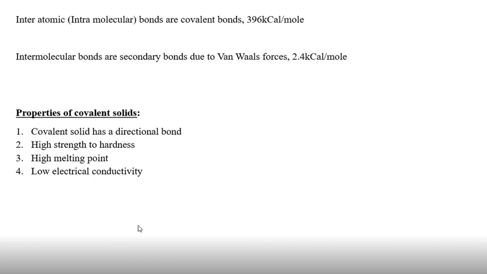So interatomic bonds are covalent bonds, and energy is released due to forming the bonds. Then intermolecular bonds are secondary bonds due to van der Waals forces. We'll discuss that also. If it is interatomic, that is primary; if it is intermolecular, it is secondary.